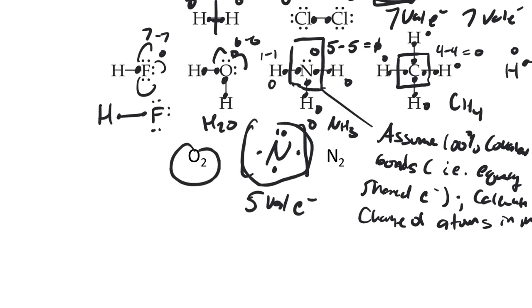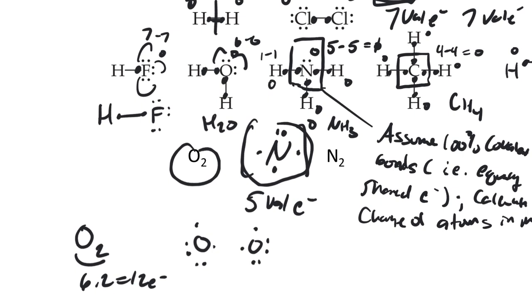What about O2 and N2? O2, 6 times 2, should have 12 valence electrons. If I imagine having oxygen looking like this and oxygen looking like this, I'm going to pair up and make a double bond. So O2 has a double bond, and that's 12 electrons.